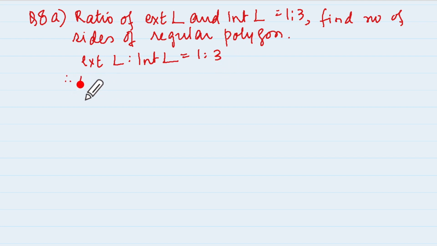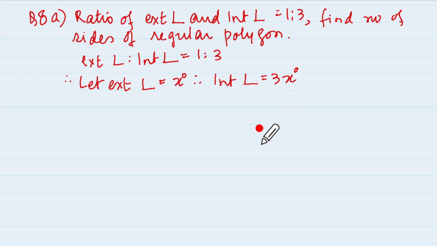So therefore let exterior angle equal to x. Therefore interior angle will be equal to 3x, of course degrees. Now if you take any polygon, let us say we have this type of polygon. Exterior angle, interior angle.